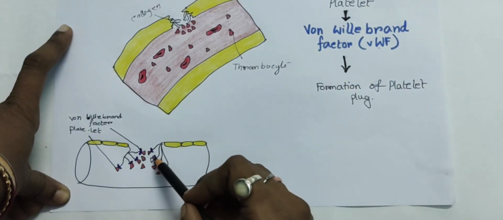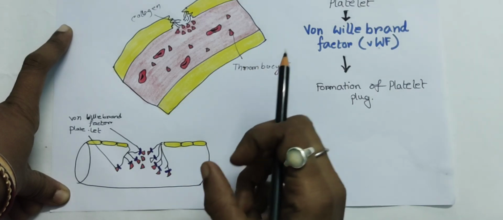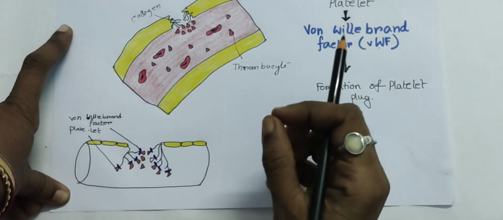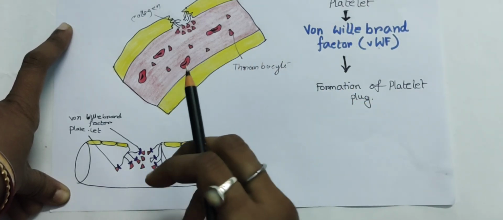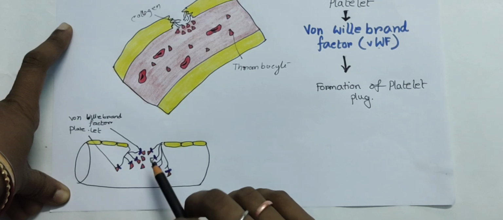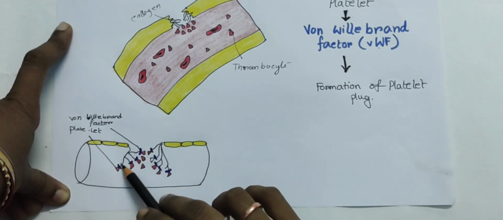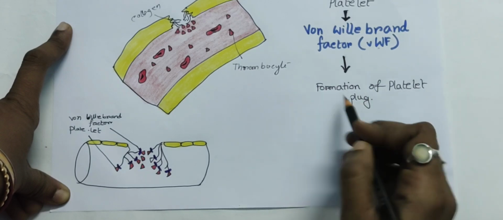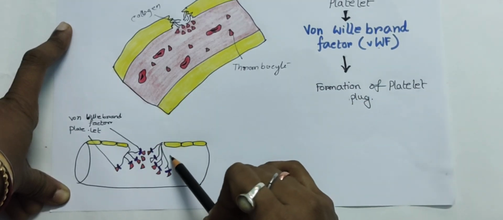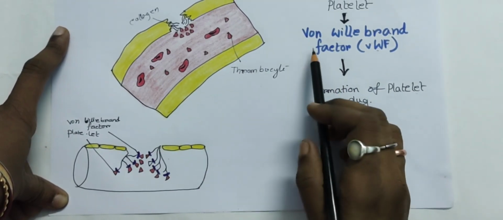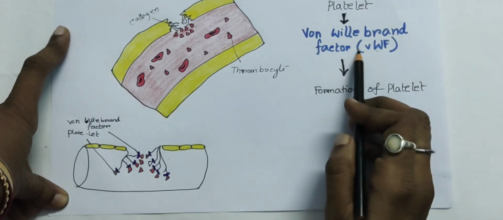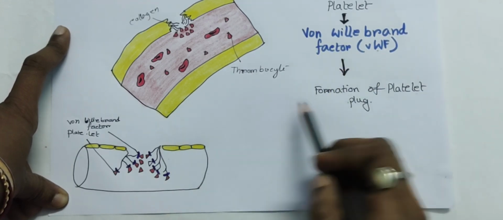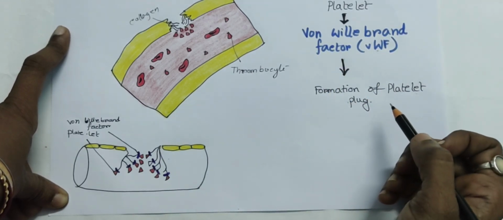It holds one hand with the collagen fiber, and the other hand holds the platelets. That's why the platelets aggregate at that place, and the platelet plug forms there. So von Willebrand factor is very important for the formation of the platelet plug.